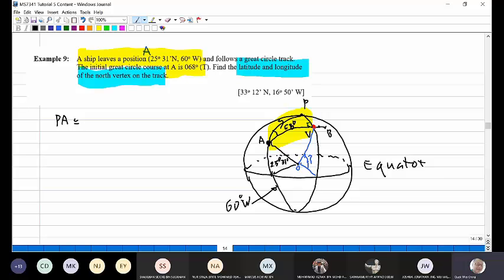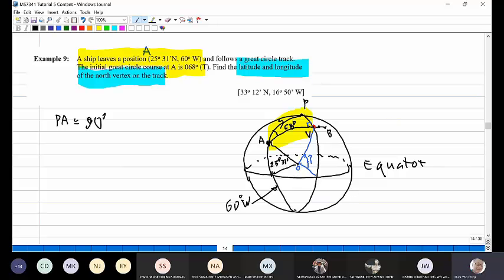Okay, we know that the angle between P and equator is 90 degrees, right? So the co-latitude, side PA, is 90 degrees minus the latitude of A, because the angle between the North Pole and the equator is 90 degrees.